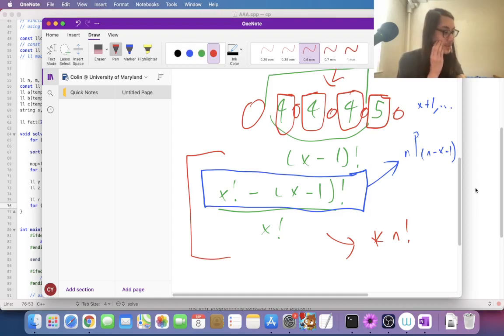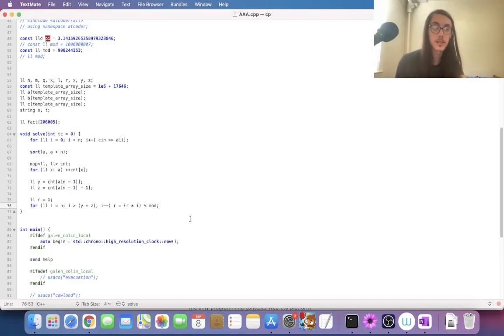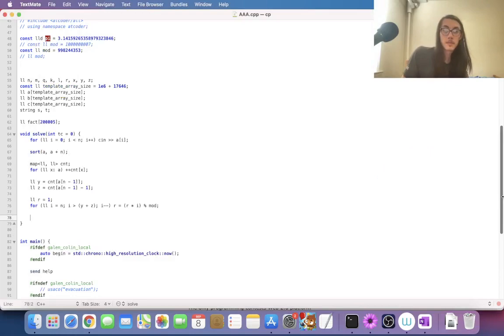I'm pretty sure it's minus 1, so that it's n minus that, and therefore it's x plus 1, because we want to start counting at x plus 1. Then r times fact y plus z minus fact y plus z minus 1, mod.